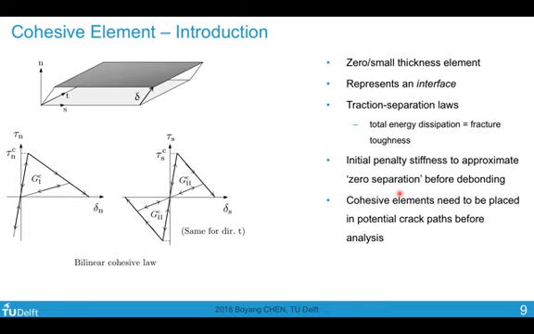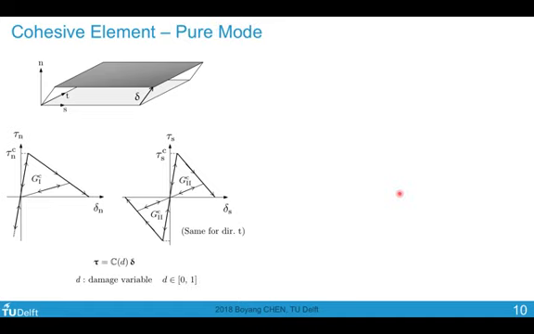For instance, you could place cohesive elements between plies of different fiber orientations to simulate debonding or delamination, and if you know where the crack is going to propagate, then you could place the cohesive elements there. For instance, in composites, you know that the matrix cracks propagate along the fiber direction. Then you could consider placing cohesive elements along the fiber direction.